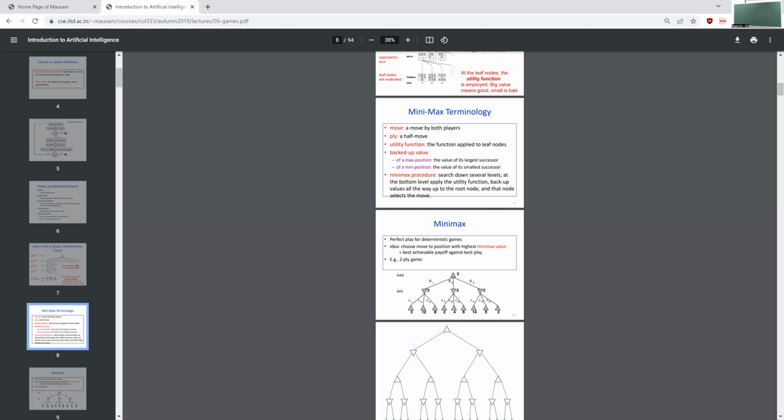Sir, again, you are not audible. I don't know why it is getting switched off. Am I audible? Oh, there is a battery issue. Just a minute, I have to change the battery. Hold on. Okay, sir.